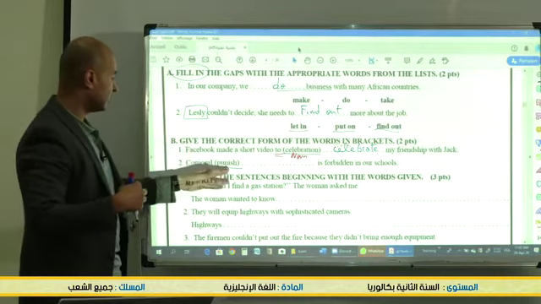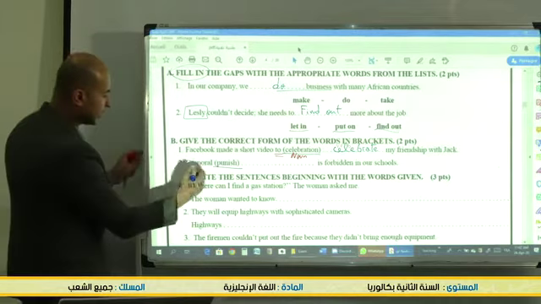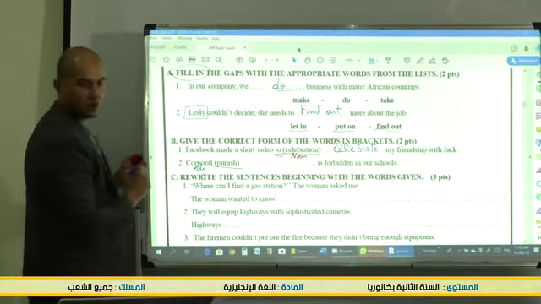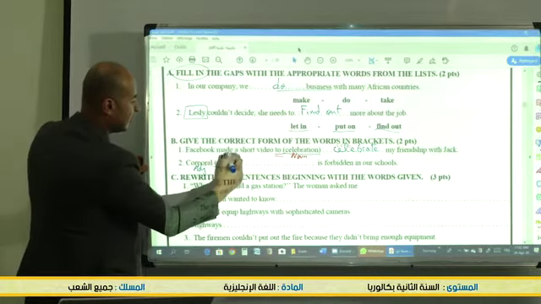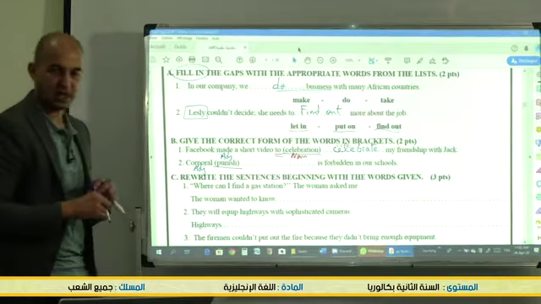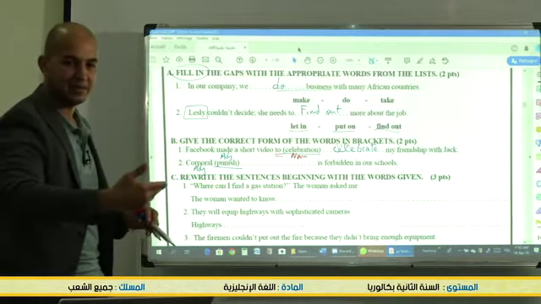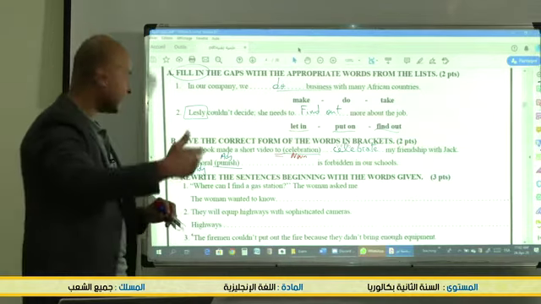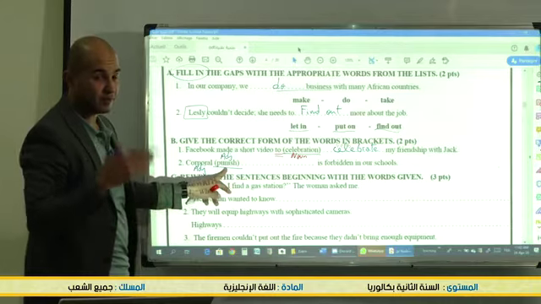Physical, punish, and I don't want to give you the noun. Corporal here is an adjective, okay? And what comes after adjectives? It's nouns. Say a beautiful house, an easy exam, a beautiful day. So day is a noun, exam is a noun. But here we have a verb, the verb to punish.